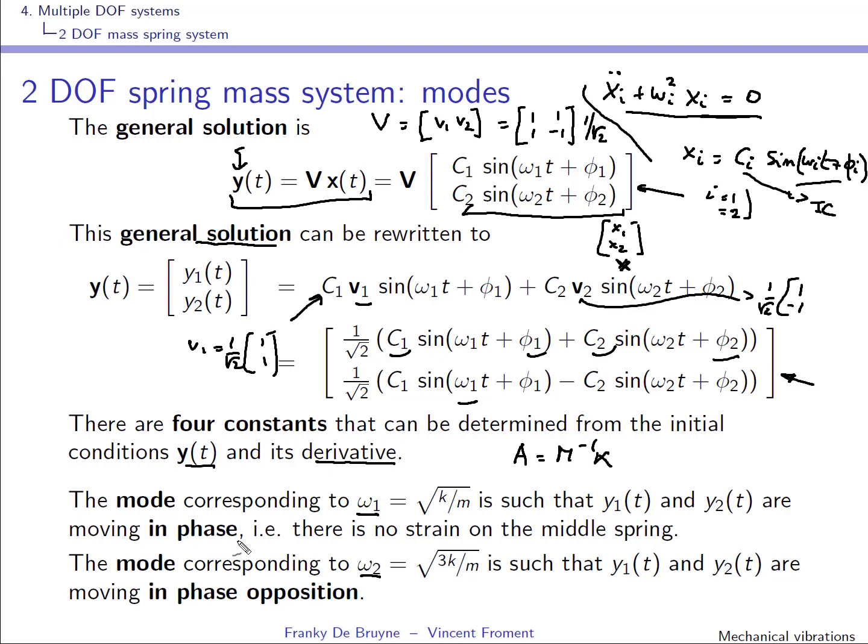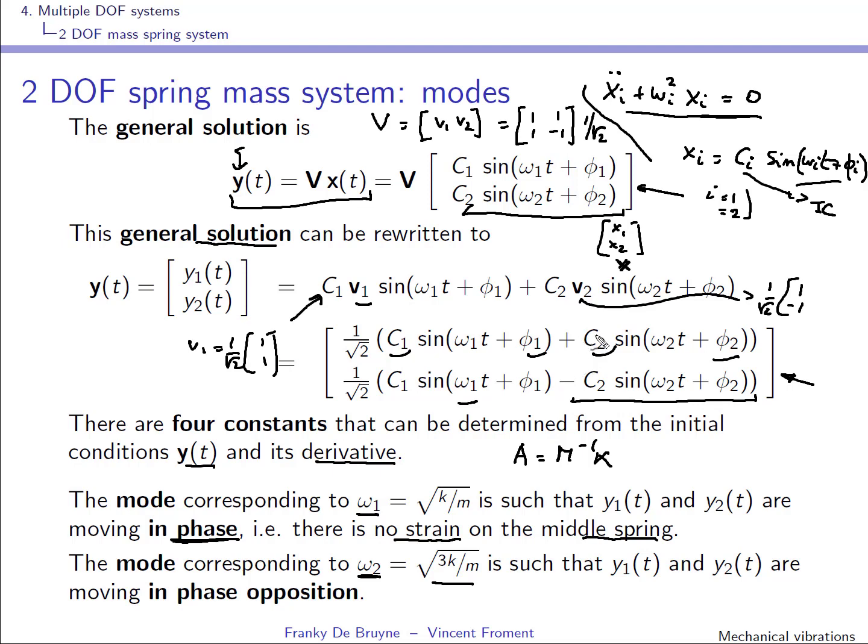They are moving in phase. So if you look at our original problem, if y1 and y2 are moving in phase, well, there will be no change of distance or length in the middle spring. There will be no strain on the middle spring.